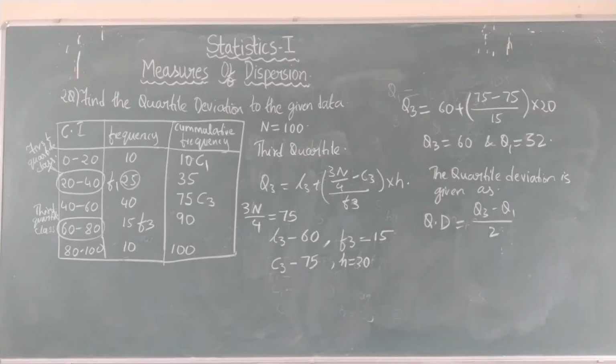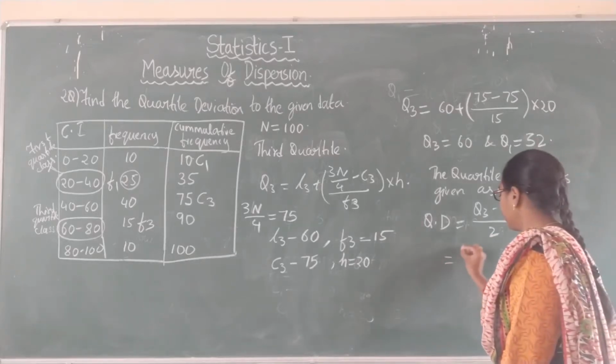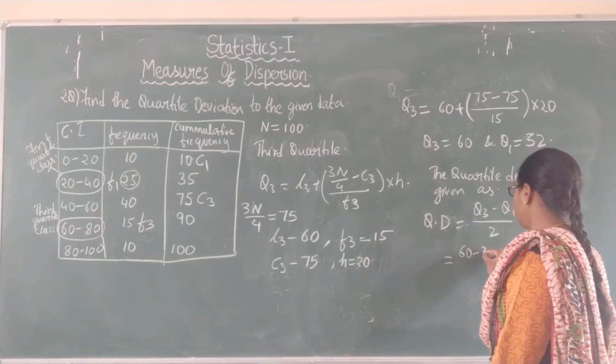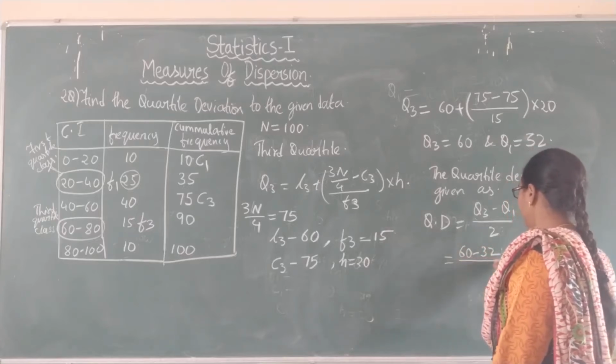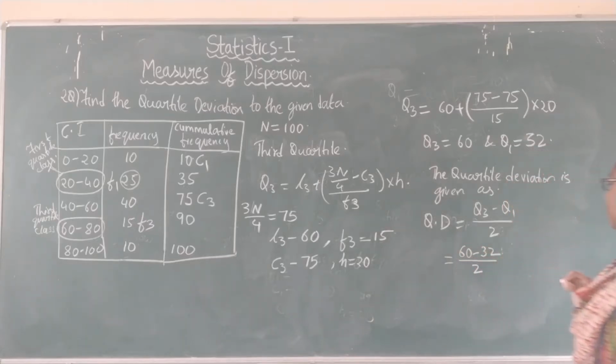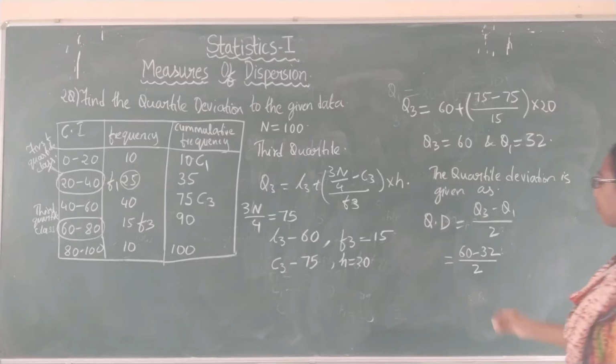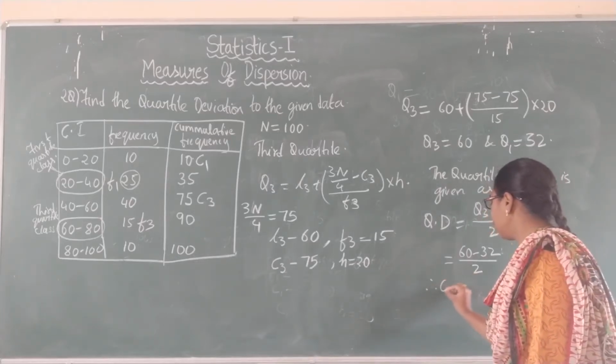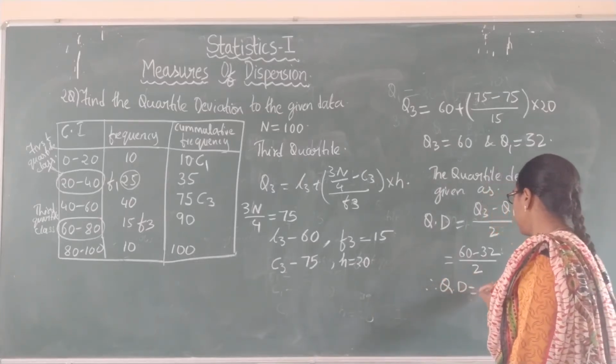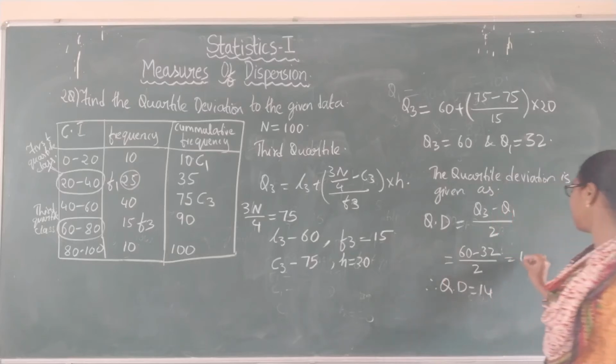Q3 is 60, so 60 minus 32 divided by 2. 60 minus 32 is 28. 28 divided by 2 is 14. Therefore quartile deviation equals 14.